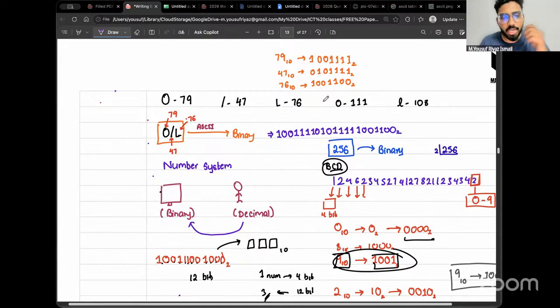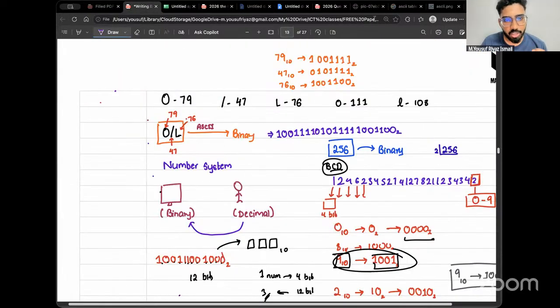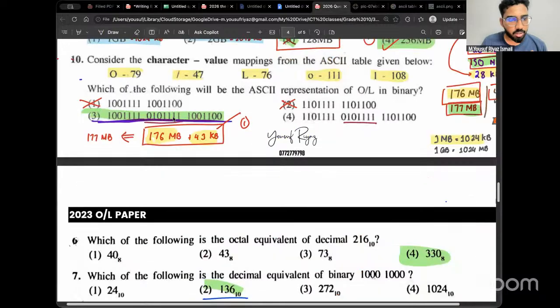So if you look at the answers, the first answer is 79, then 47, and that's how the third answer is obtained: the value of O, the value of slash, and the value of L. Makes sense there?